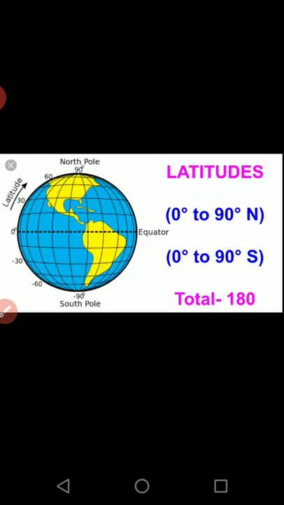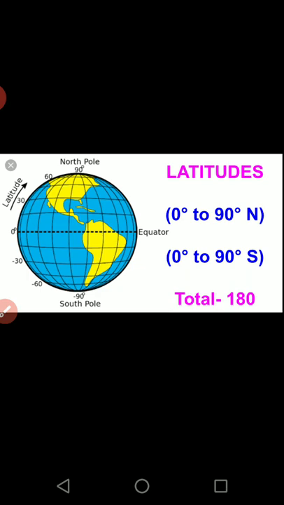Now what are latitudes? Here the central latitude is marked. It is given the number 0 degree and it is also named the equator.